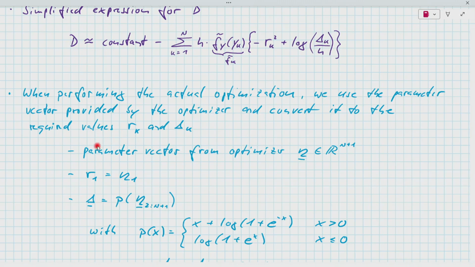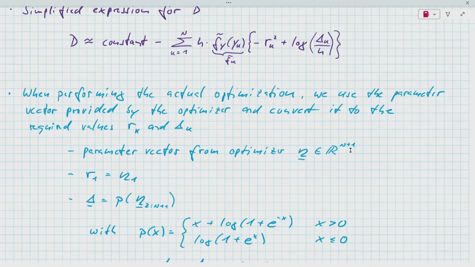In our case, the parameter vector that we get from the optimizer is called eta vector, and it's from R to the power of n plus 1. Why? We have the increments plus we have the offset. The offset is an additional value that shifts the entire mapping, so we have this offset plus the increments that give us the mapping.